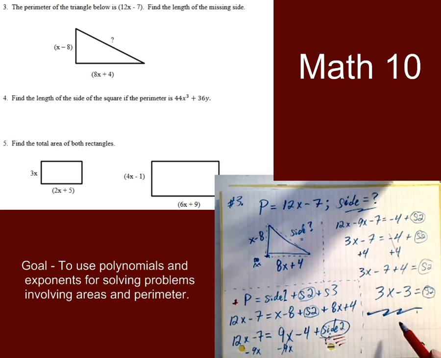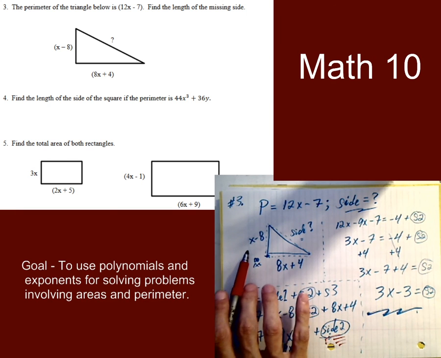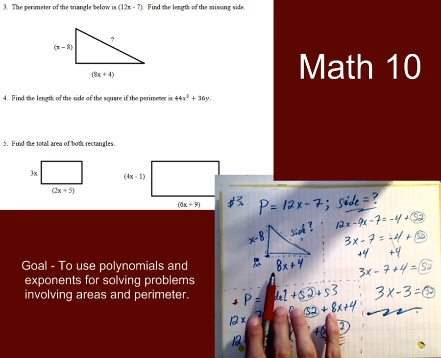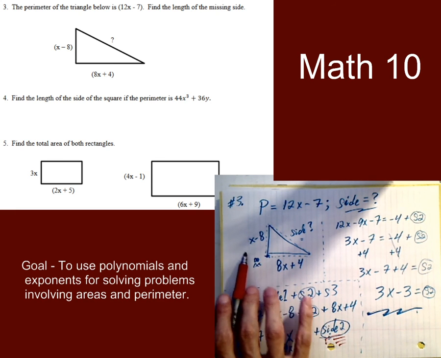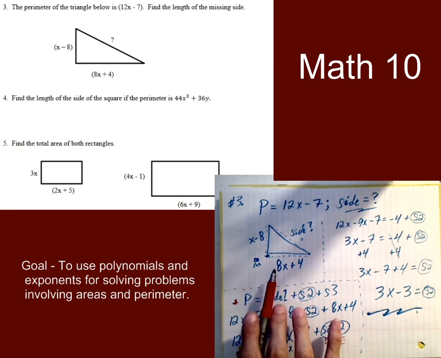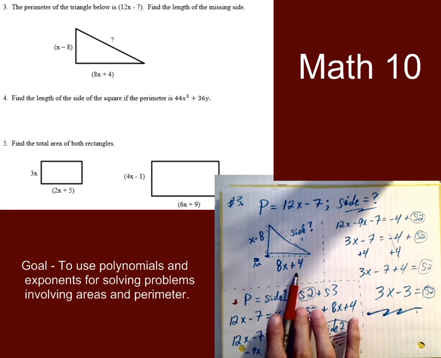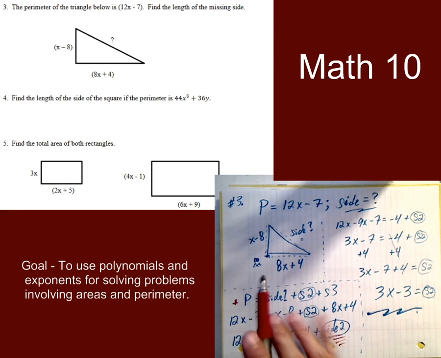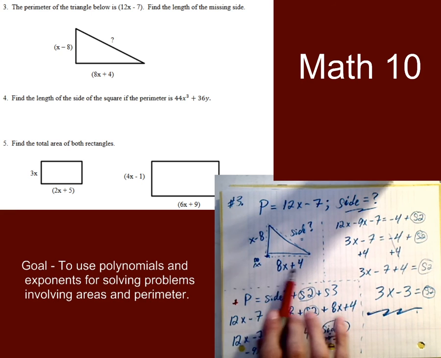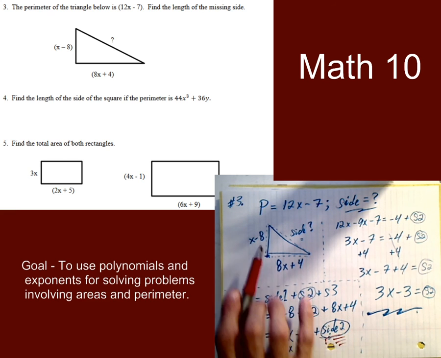Now, I guess the only thing to mention, it's super important, is that if you take a look, this side is length 1x minus a little bit. This is 8x, 8 times that, supposedly, kind of. These plus 4 minus 8 kind of messes that up, but this is kind of 8 times that. And then we got this side here.